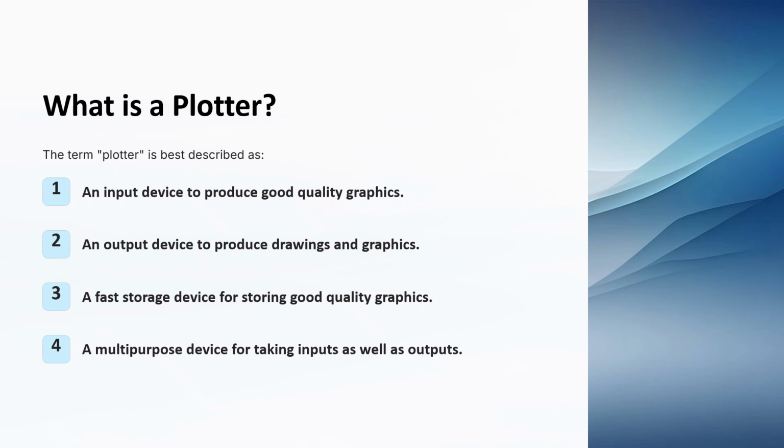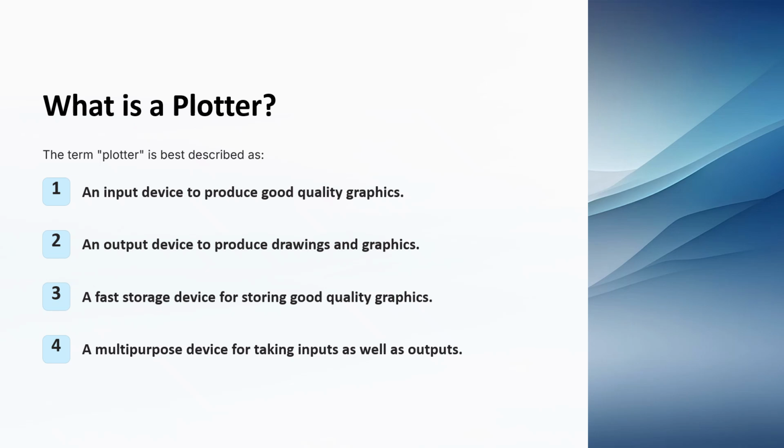Option 2 is an output device to produce drawings and graphics. Option 3 is a fast storage device for storing good quality graphics. Option 4 is a multi-purpose device for taking inputs as well as output.